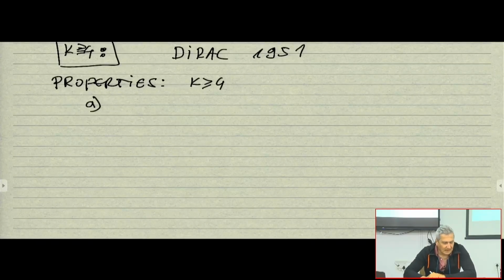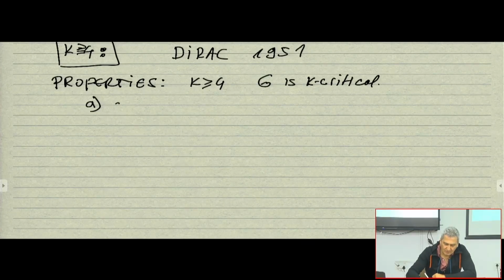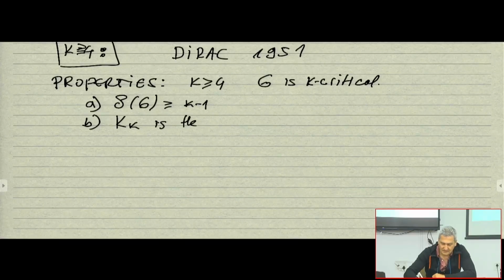First property: G is k-critical, then the minimum degree, small delta of G, is at least k minus 1. Property B: K_k is the smallest k-critical graph.